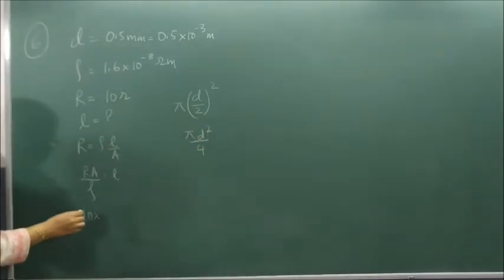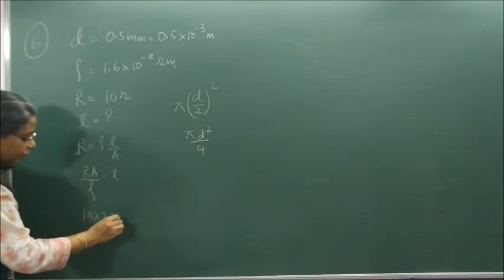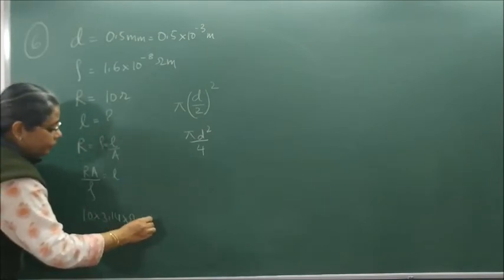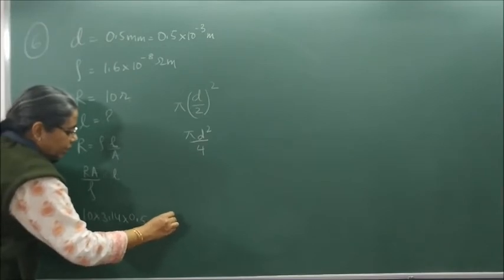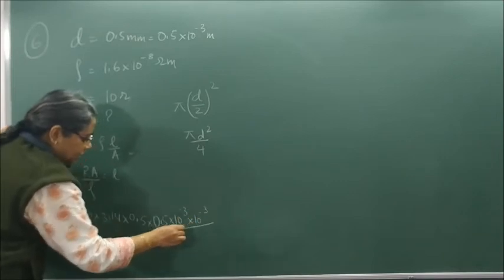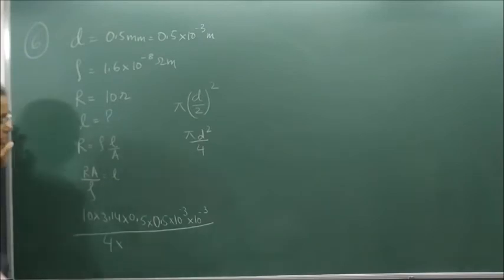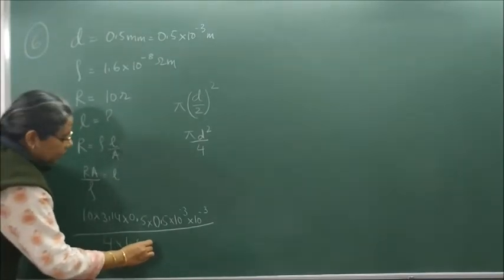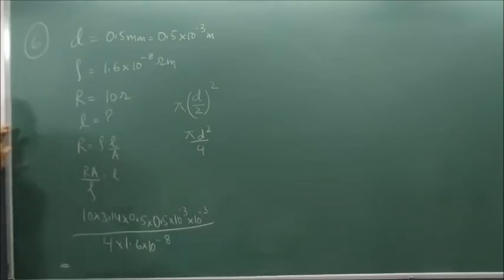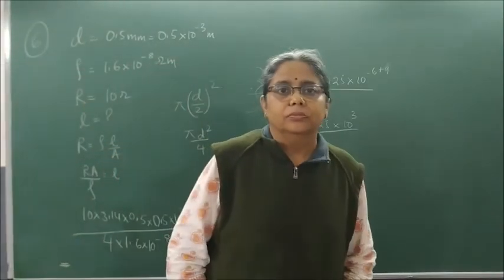So we will also substitute pi as 3.14 into d square, 0.5 into 0.5 into 10 to the power minus 3 into 10 to the power minus 3 by 4, because it is pi d square by 4, into 1.6 into 10 to the power minus 8. Solve it.